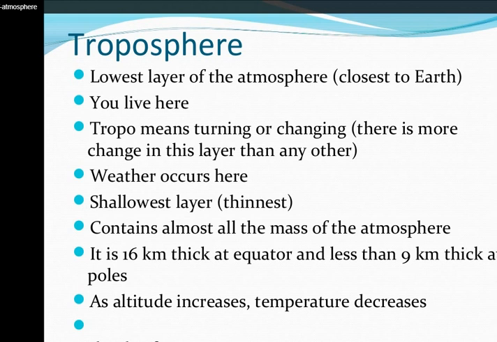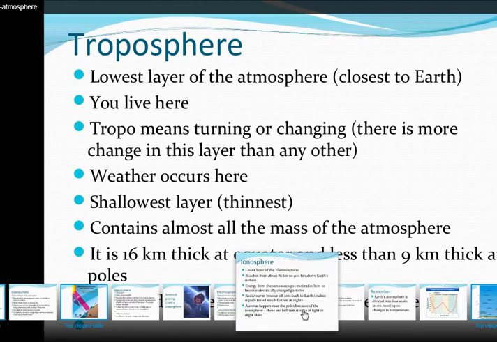Here in the troposphere. It is the shallowest or thinnest layer, yet it contains almost all the mass of the atmosphere. It is 16 kilometers thick at the equator and less than 9 kilometers thick at the poles. As altitude increases, temperature decreases, like you watched in the video.